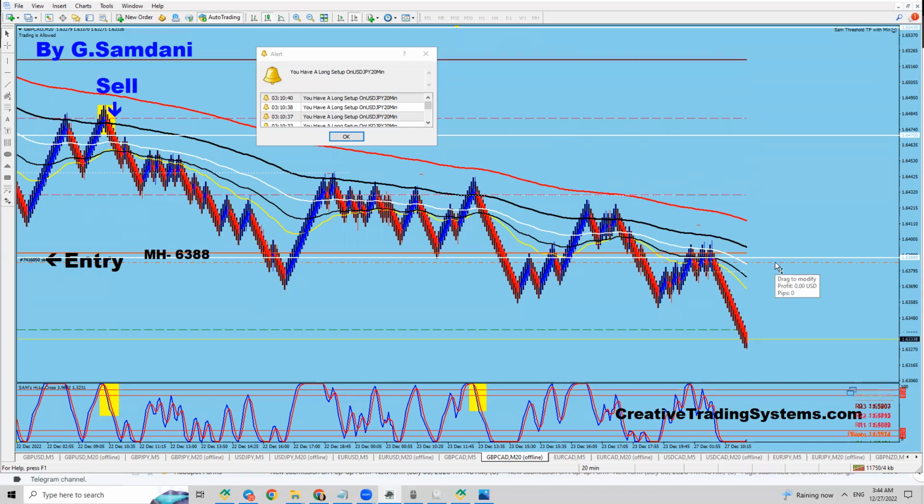I'm going to move this SL right here, and you see that it's already gone down. Last week I had a very good week with this pair, and it is going down a lot. So these two are running right now, and let's see if I get more.